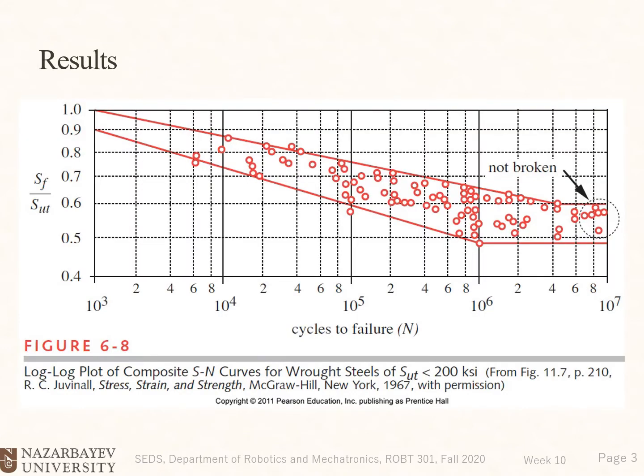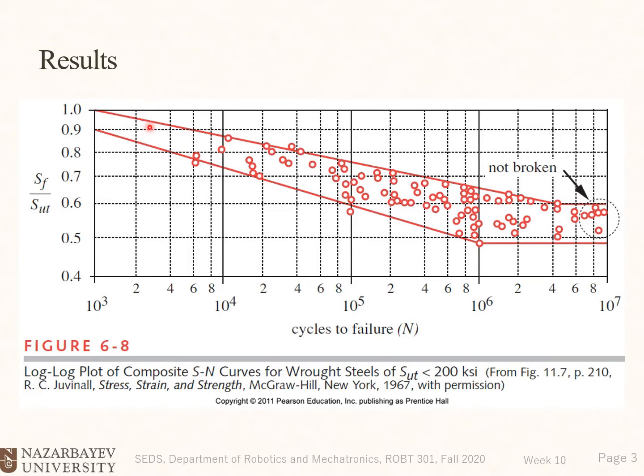Okay, so here we have a SN diagram again. We have the HCF SN diagram, or high cycle fatigue diagram. Why? Because it starts at 1000 number of cycles, so number of cycles are more than 1000.